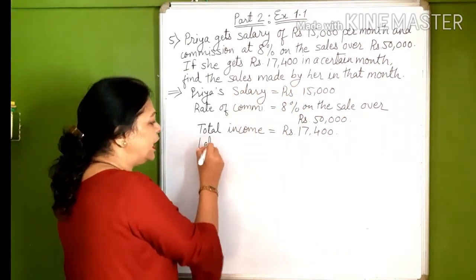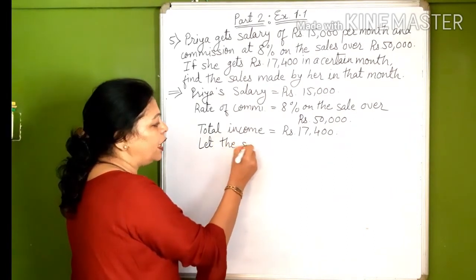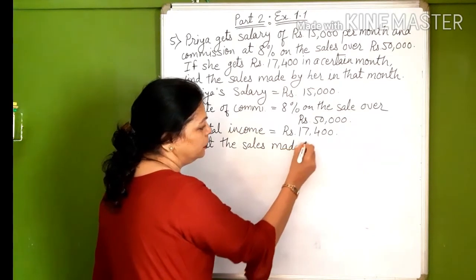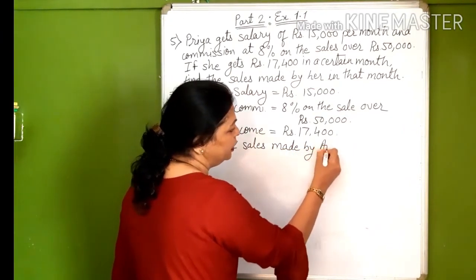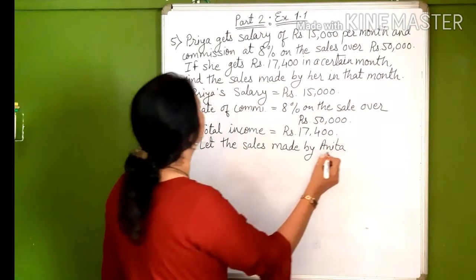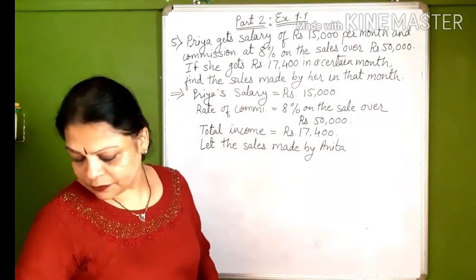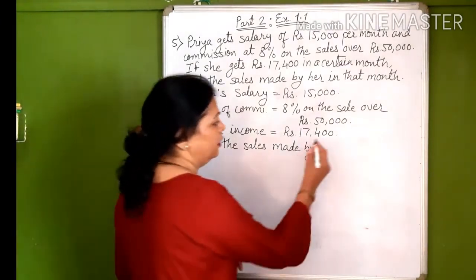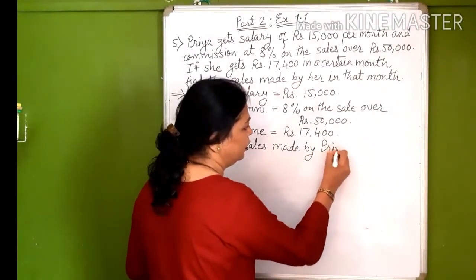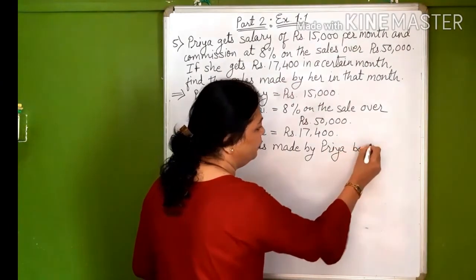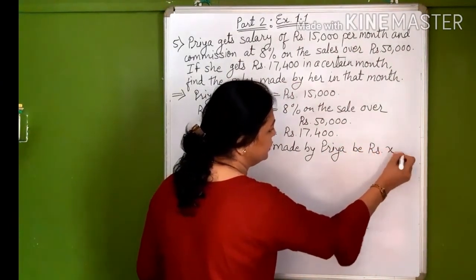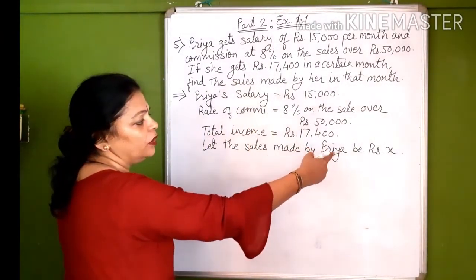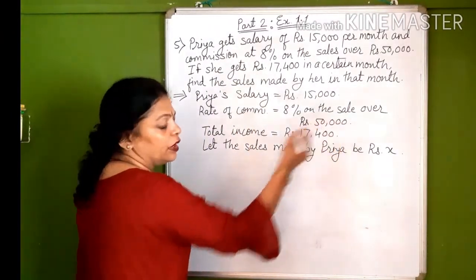So first we'll say let the sales made by Priya be rupees X. Correct? So what will be the commission? 8% on the sale over 50,000.